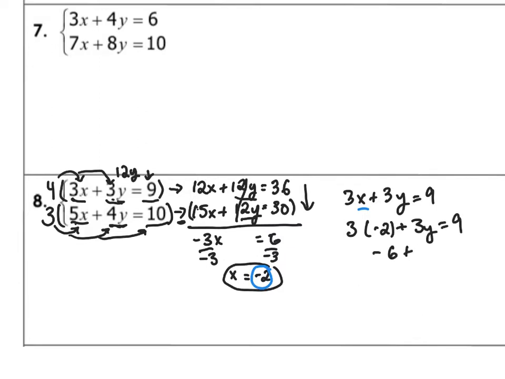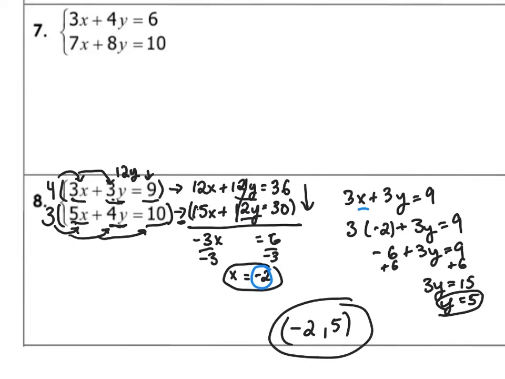So negative 6 plus 3y equals 9. Add the 6: 3y equals 15, so y equals 5. So we get x and y: negative 2, 5 is our solution to this problem.